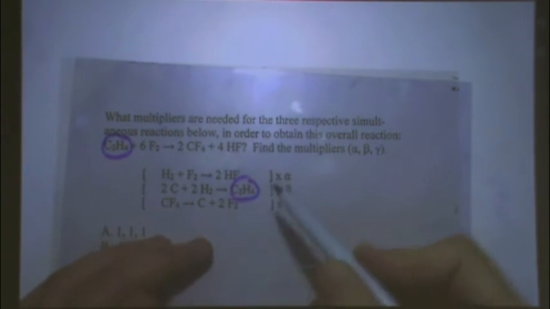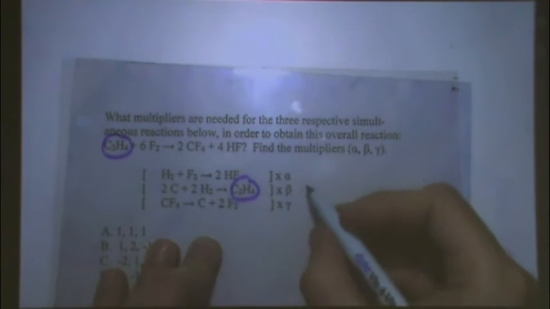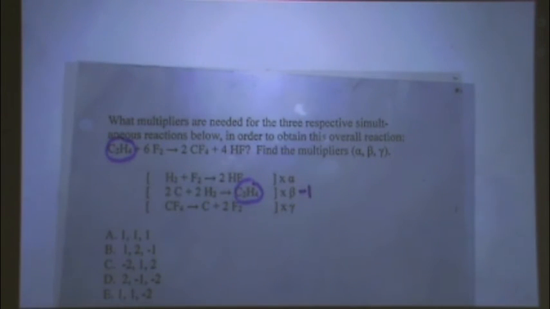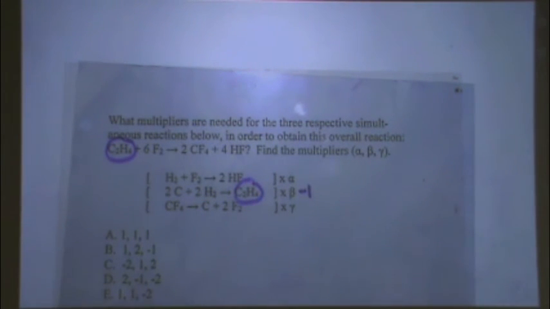This second reaction must match that. So what must be beta, or the multiplier here? -1 will flip the reaction over just like in algebra, and that'll put 1 C2H4 in the reactant. So that'll cause it to match. Remember, when I have a multiplier, I won't ever change that multiplier unless I think I've screwed up.